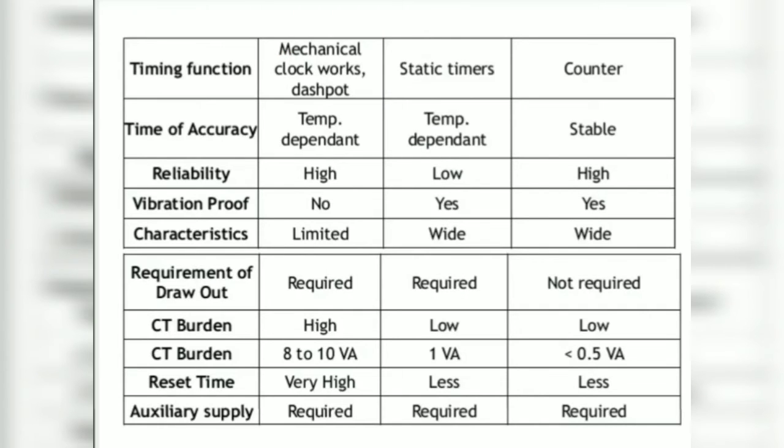Now the timing function. In electromagnetic relay, the timing function is based on mechanical clockwork. For static relay, the timing function is based on a static timer. But in numerical relay, the timing function is based on a counter or timer.